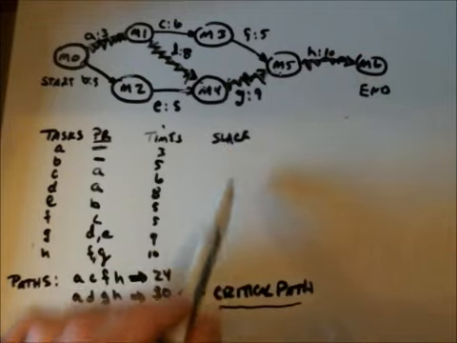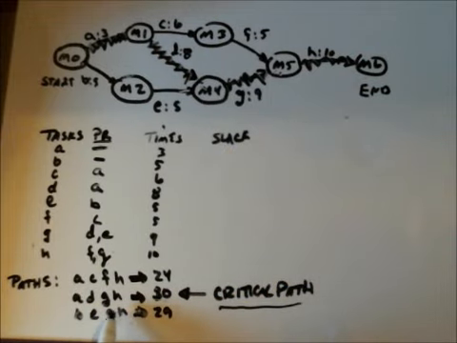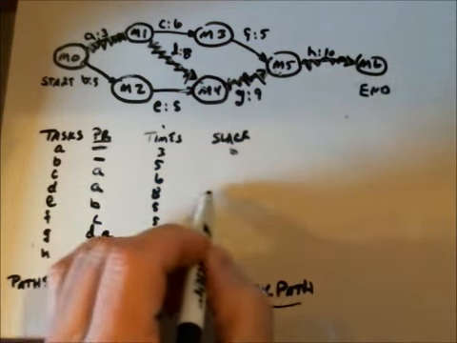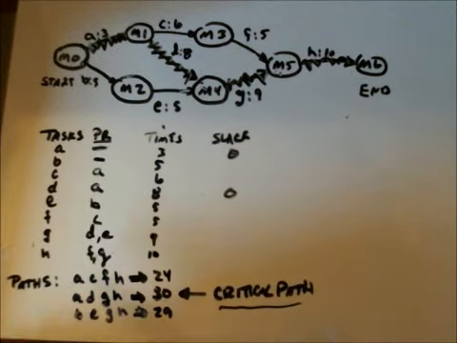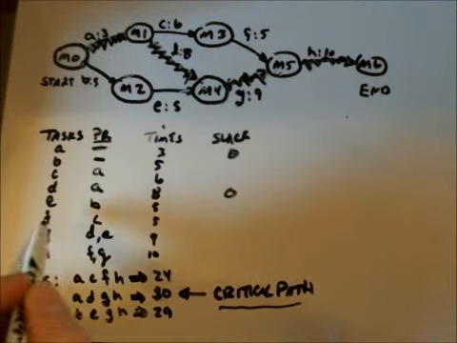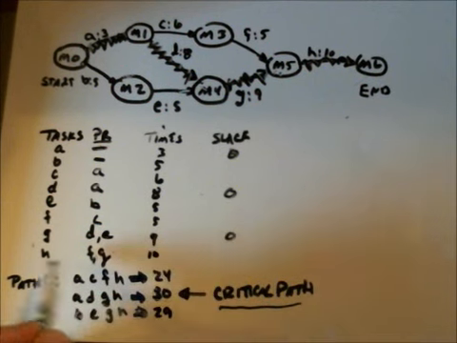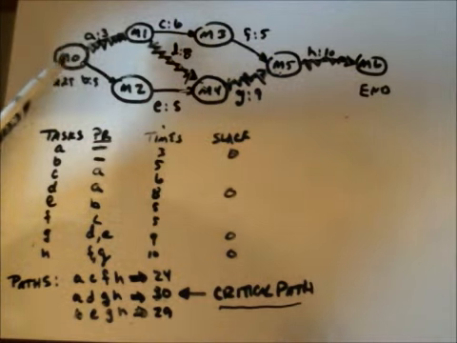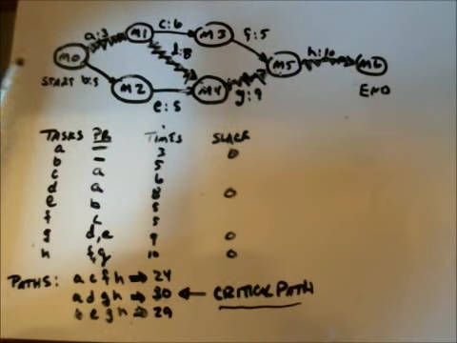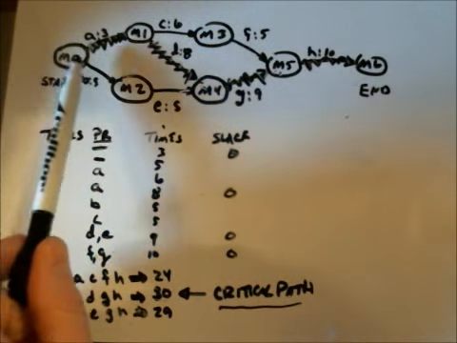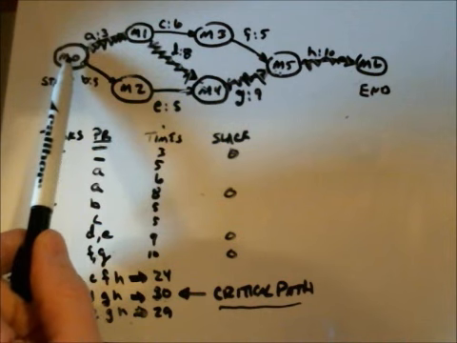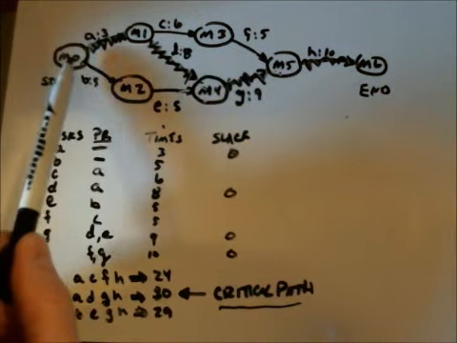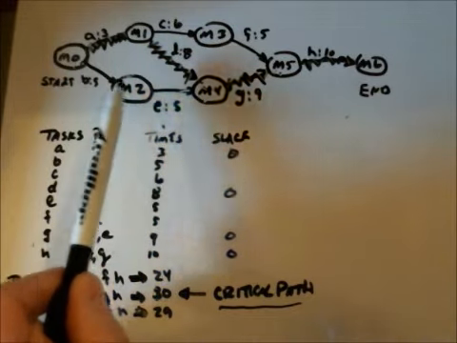Now, in terms of the slack times, anything that's on the critical path has a slack time of 0. So A has a slack time of 0, D has a slack time of 0, G has a slack time of 0, and H has a slack time of 0. To find the slack times for B and E, I'm going to compare the time along the critical path from milestone 0, 1 to 4 with the time along this alternative path from milestone 0, 2 to 4.